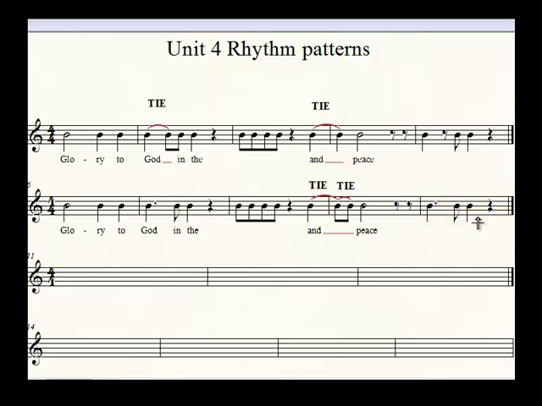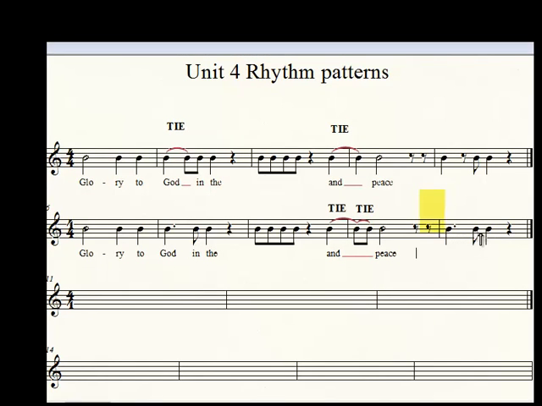I don't know if you were looking at line number 2, but I was, because if you compare the last bar between the 2 lines, are they exactly the same? Do they sound exactly the same? If you answered no, you are correct. Why is that? A quarter with another 8th note is not the same length as a quarter with a rest.